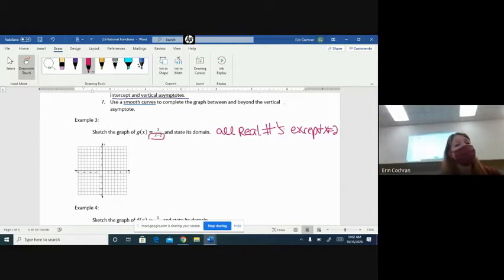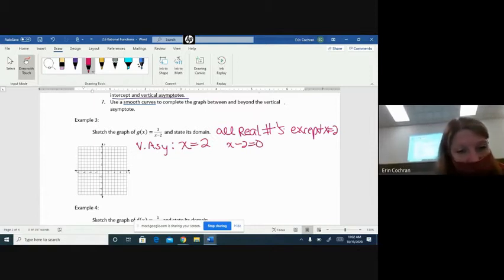Because your denominator can't equal 0. So what else does that x equals 2 mean? It's an asymptote. What type of asymptote? We have a vertical asymptote at x equals 2. Why? Because we set our denominator equal to 0 and solve, right? So we have this vertical asymptote at x equals 2.